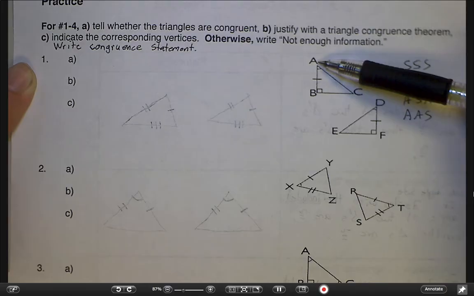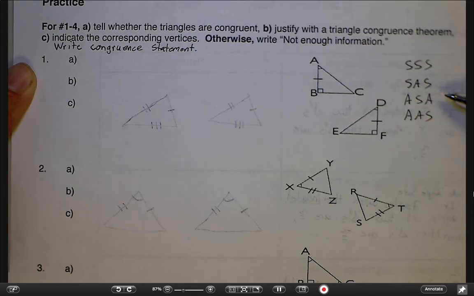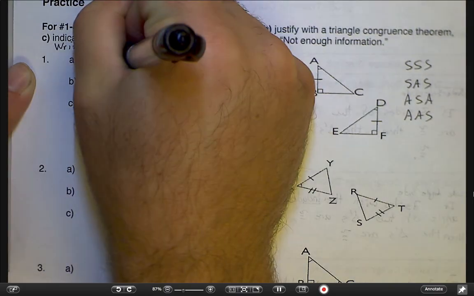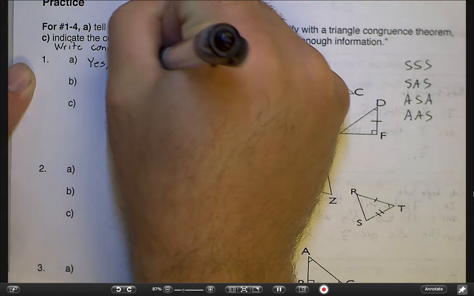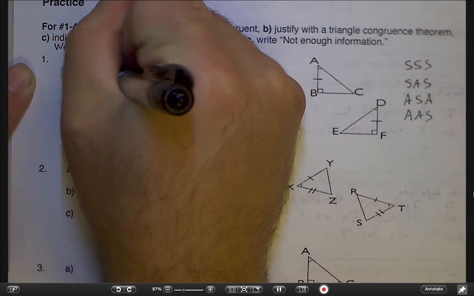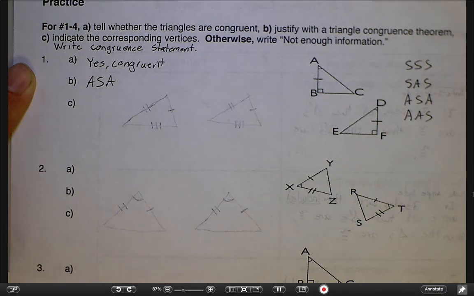So that's an angle, a side, and an angle. So I'm satisfying this third theorem here of angle, side, angle. So we are going to say yes, they are congruent. And our reasoning or our justification there is going to be angle, side, angle. We are given that information, and that is enough for us to know.